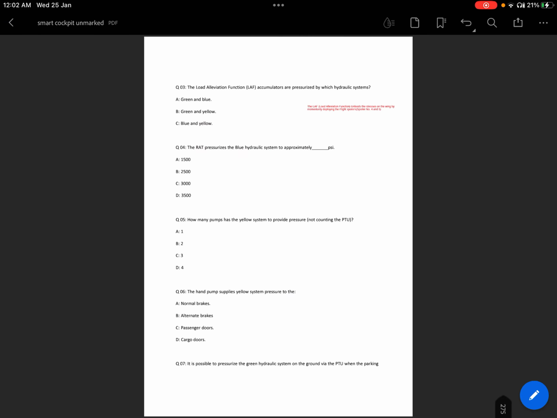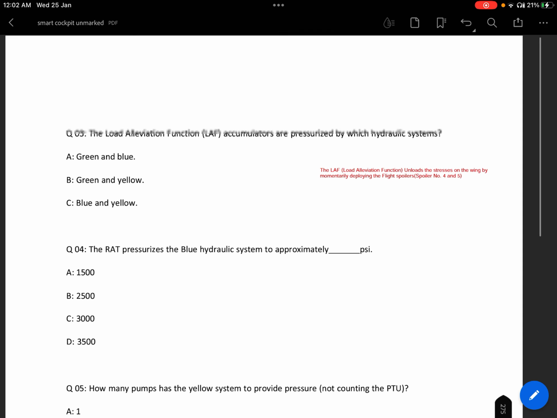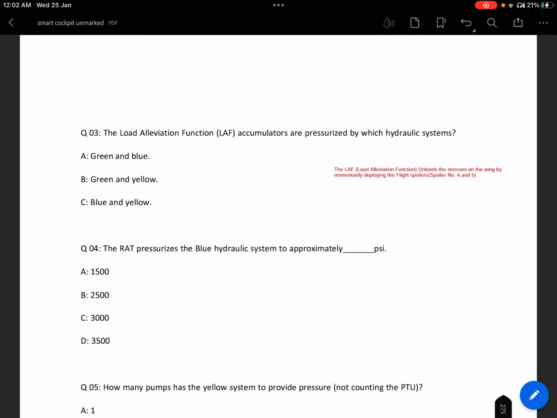Next question. The load alleviation function accumulators are pressurized by which hydraulic system? So what is the load alleviation function? It is a function of the A320 which unloads the stress on the wings by momentarily deploying spoilers number 4 and 5 just to alleviate the load.